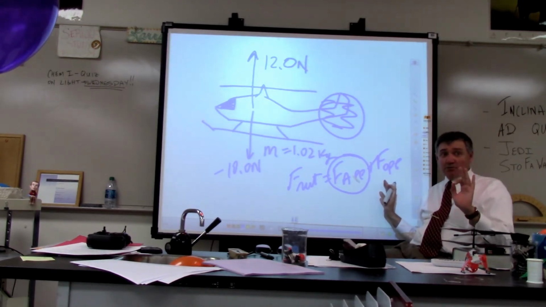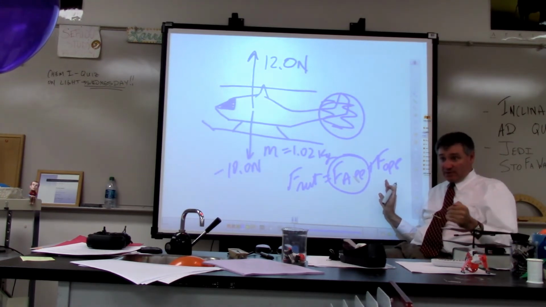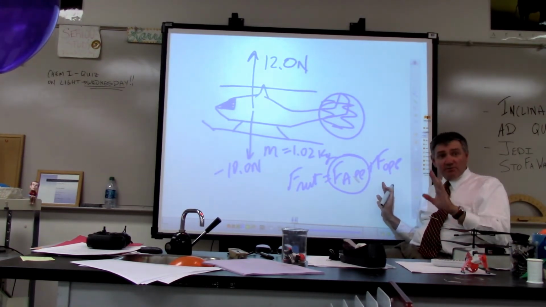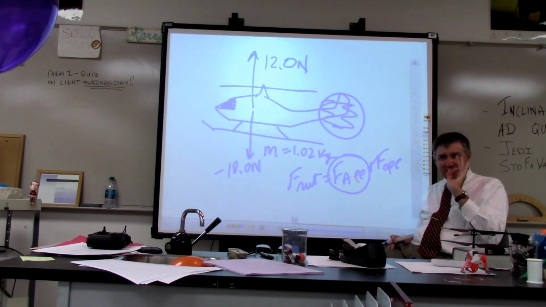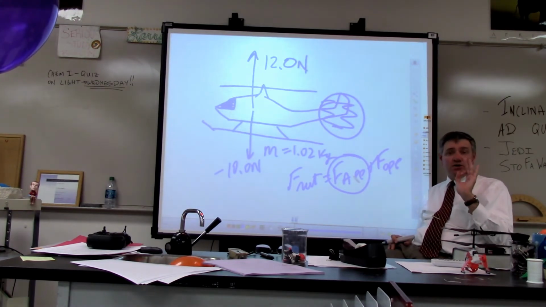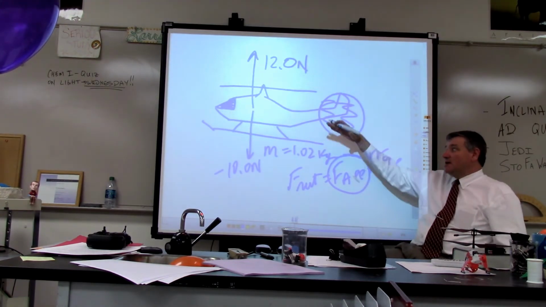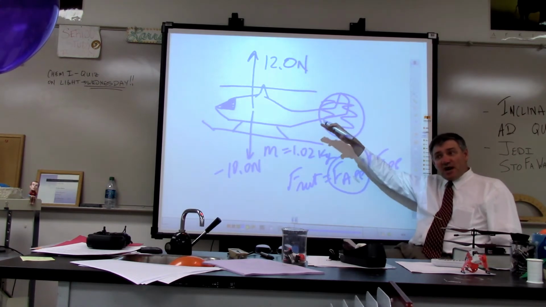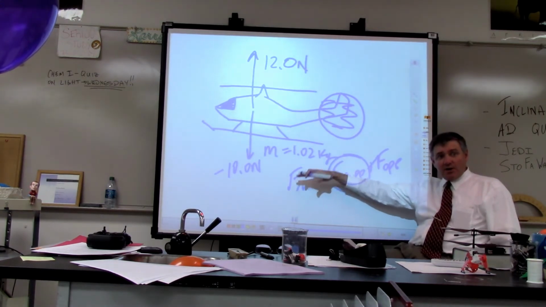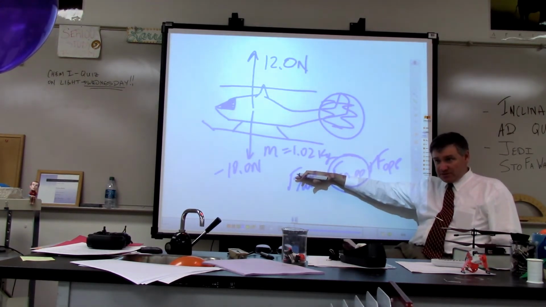If I don't tell you that, you worry about gravity if you're moving vertically. Unless I explicitly tell you not to, this opposing force of gravity is always going to be there if you have vertical motion.